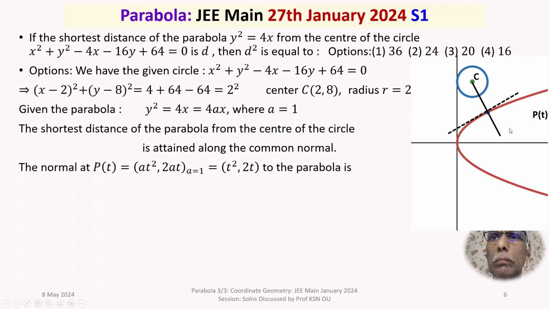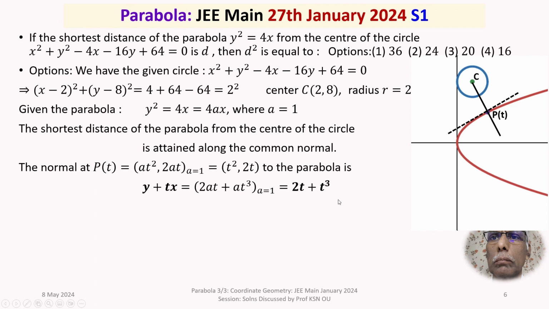So the normal to the parabola at a point P of t is given by y plus tx is equal to 2at plus at cube, where a is equal to 1, that is 2t plus t cube. That's the normal.